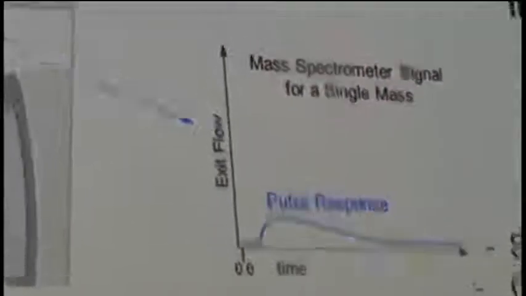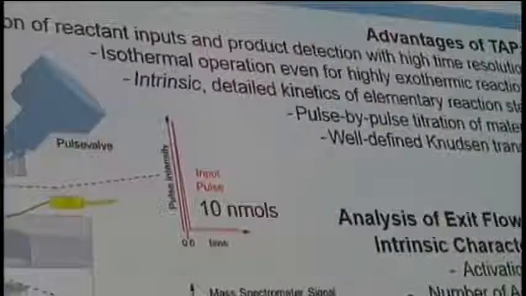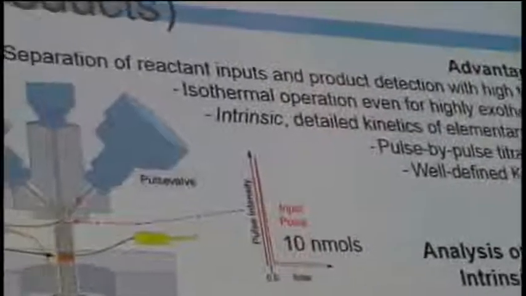Its advantages are you can run isothermally, so that if you're looking at exothermic reactions, you have good control there. You look at the intrinsic detailed kinetics. And essentially the catalyst is a small sandwich in between quartz particles that you locate in the small quartz tubular reactor system. So the molecules are really discretely defined and essentially undergo Knudsen transport.